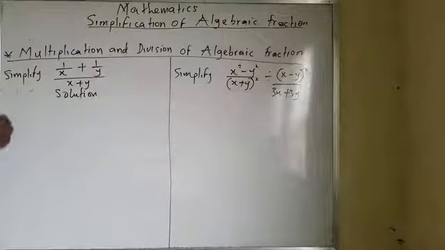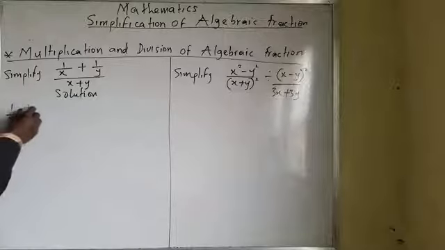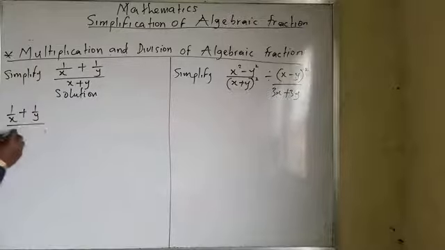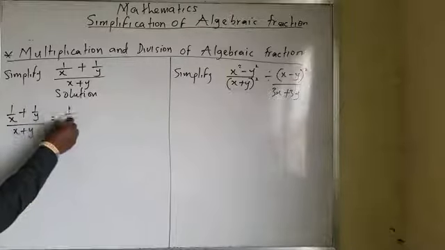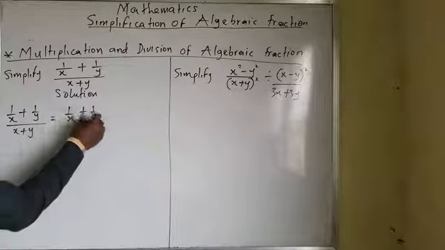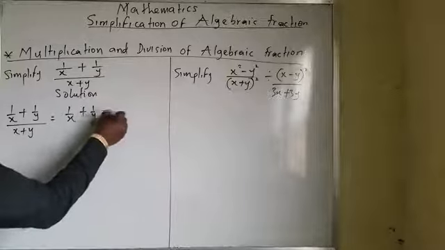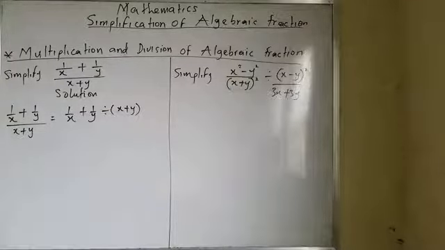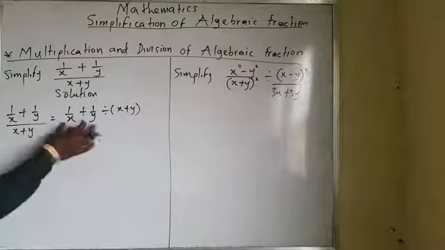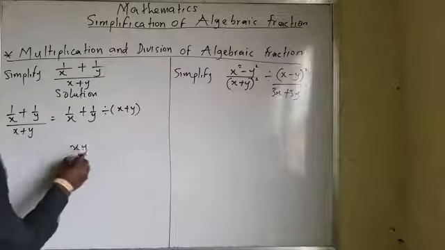I can write this as 1 all over x plus 1 all over y divided by x plus y. It can be written as 1 all over x plus 1 all over y divided by bracket of x plus y. Now, that is very, very simple. At this point, I can now say that what? This one, the LCM is xy.